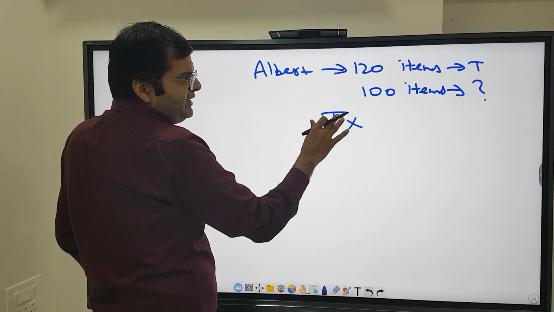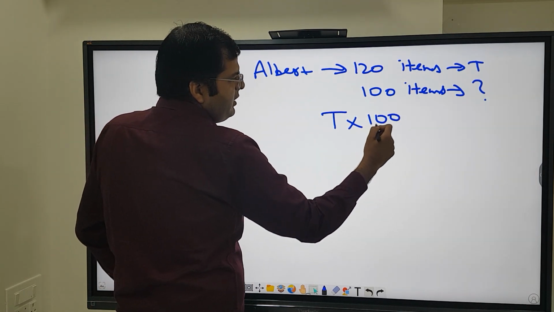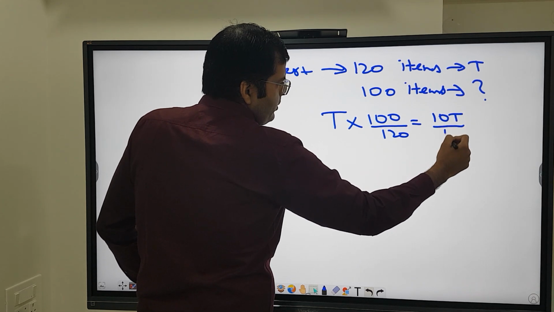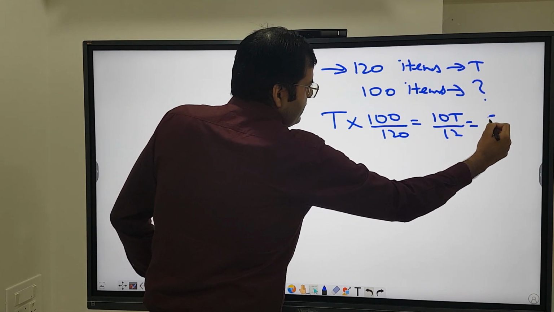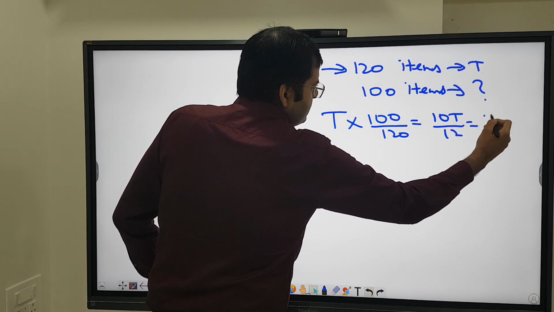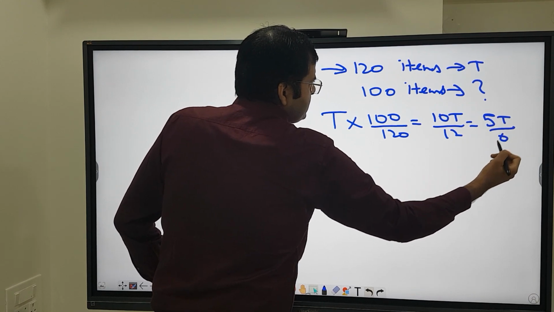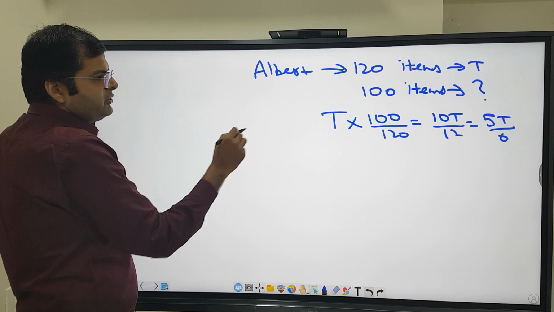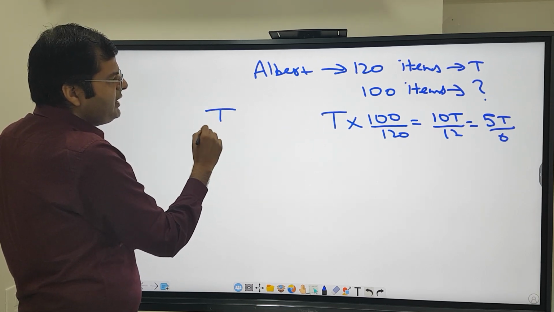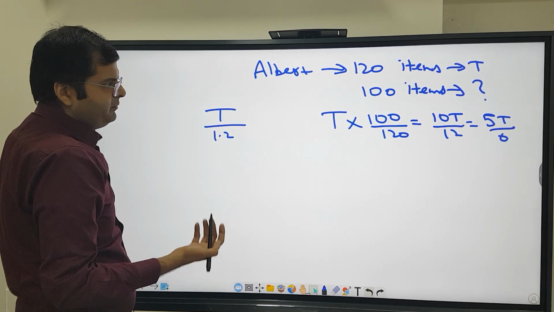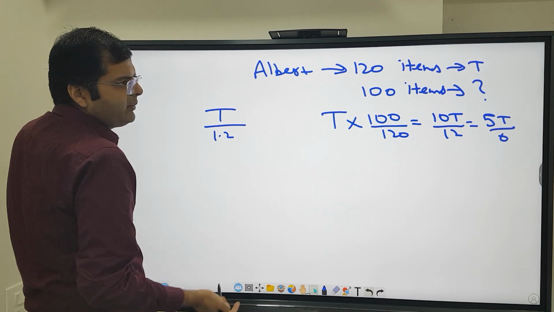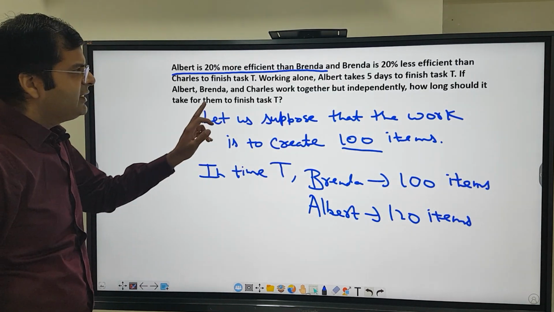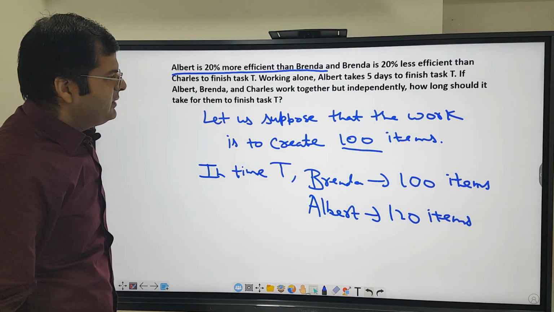So time should be less than T. So it is T into 100 by 120, which is equal to 10T by 12, or 5T by 6. So Albert will take 5T upon 6 time. If you look at it, this is nothing but T upon 1.2. So this is how efficiency is related.